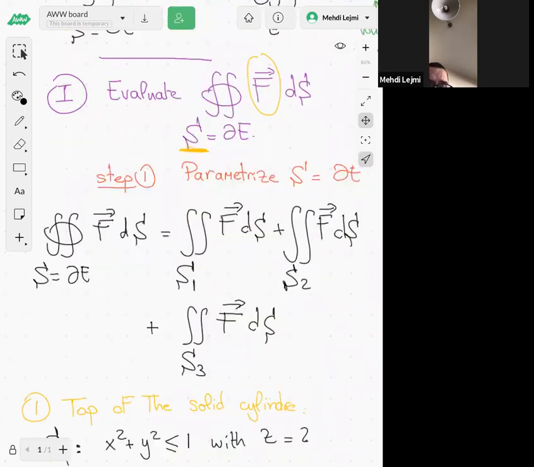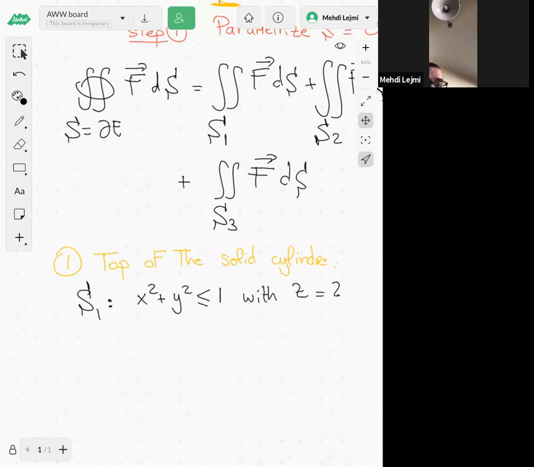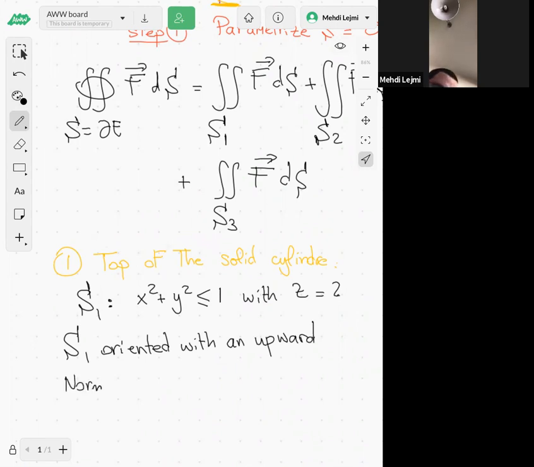So S1 is oriented with an upward normal vector, which means that the k component, the component in the z direction, must be positive.